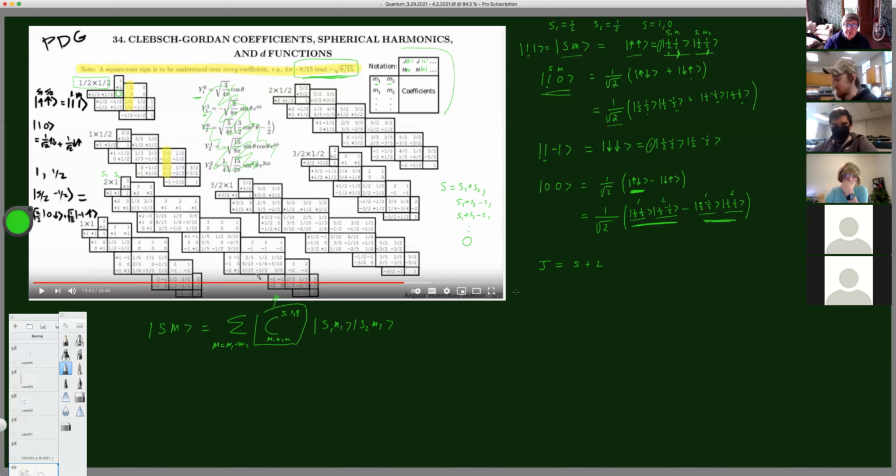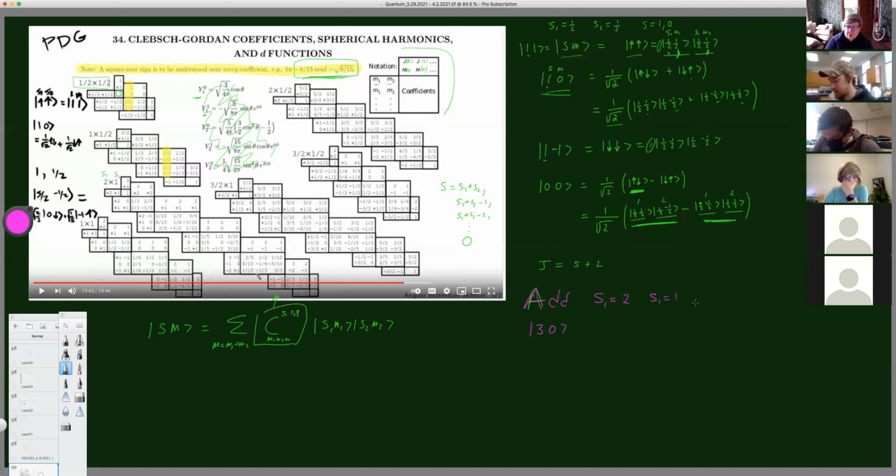So the book has an example where they're saying, let's add, let me get a different color because it's getting a little monotonous, an S1 equals 2 particle and an S2 equals 1 particle. And let's look at the state 3, 0.